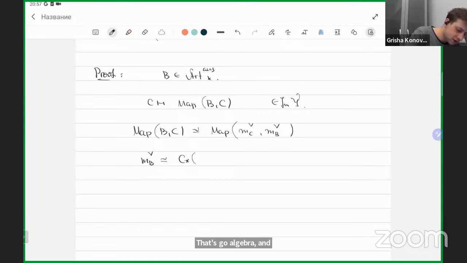is equivalent to the Chevalley-Eilenberg coalgebra of Kohar applied to B dual.